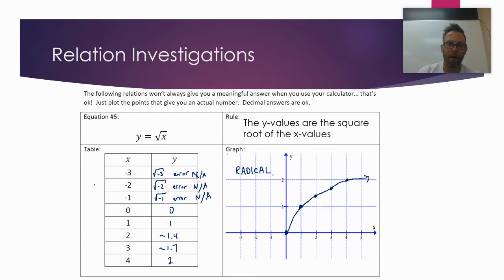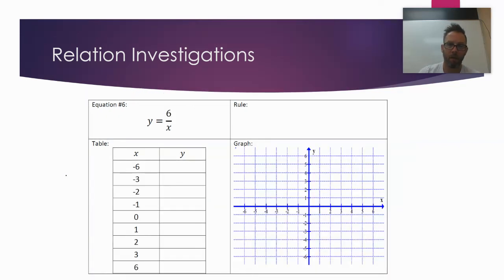One last one for you guys to try. So this is called a rational relation. Just as a side note, in terms of thinking about what types of numbers there are, you guys are familiar with integers. Integers are things like 2, 4, -5.